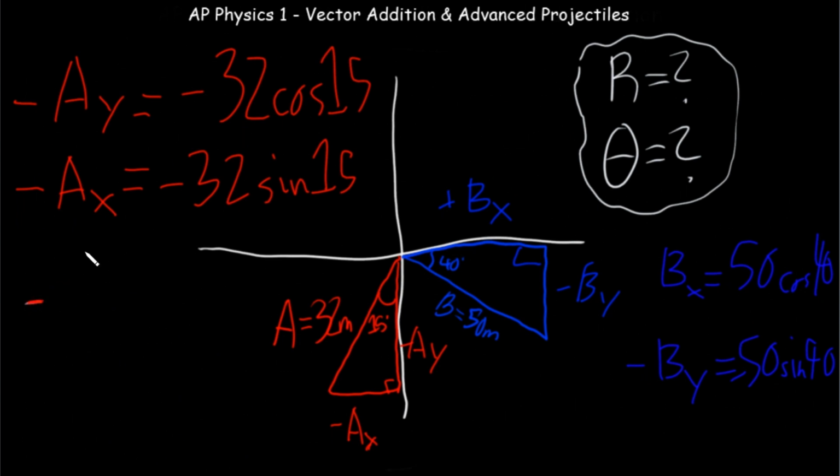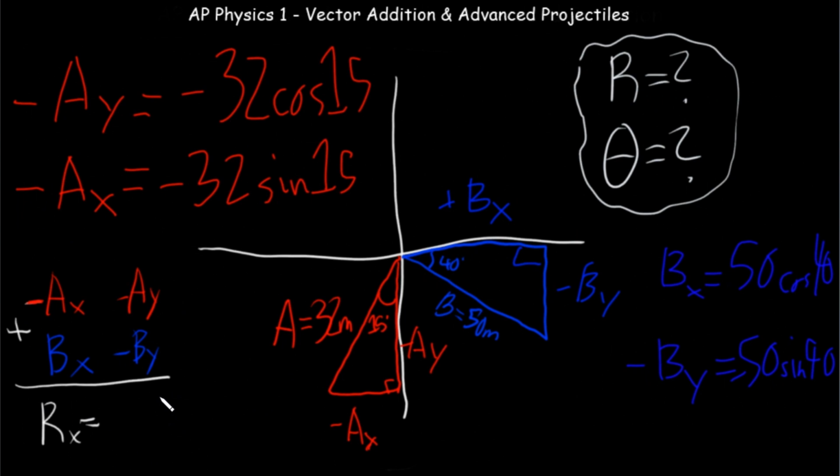So, now we want to add these resultant values. So we have A of x and A of y here, and then we want to add them with the B values, B of x and B of y. I think my pen's about to die again, but it's fine. You add these together. At this point, you can just plug them into your calculator.